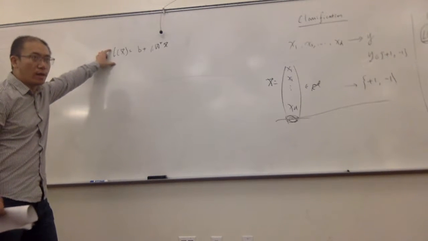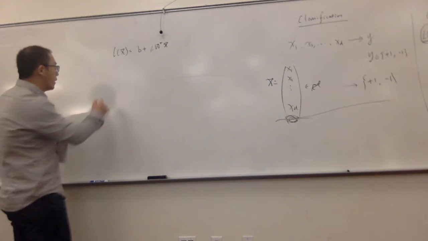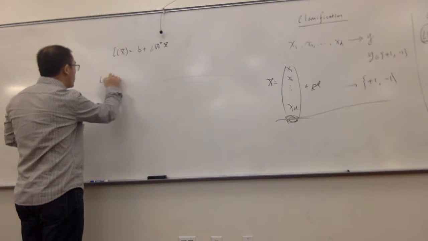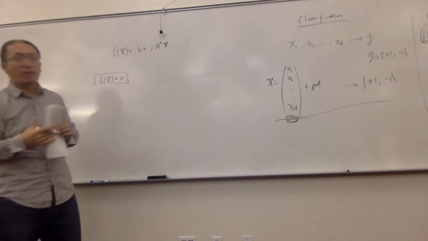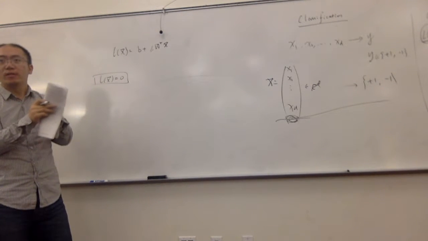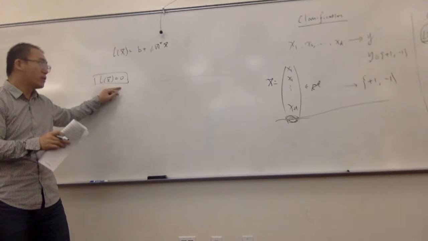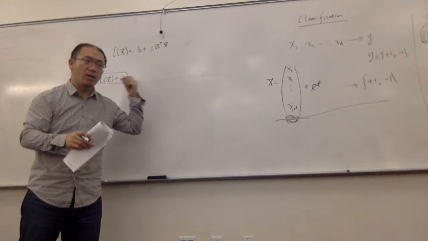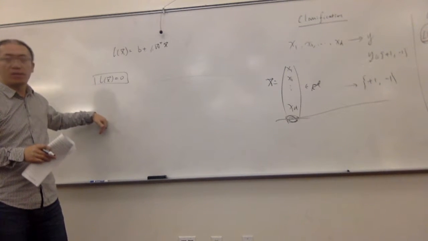We will look into this classification function by looking at the equation where the function equals 0. You can imagine it's the boundary. If the classification function is bigger than 0, it must be classified as a positive example. Otherwise, if it is less than 0, it must be classified as a negative example.